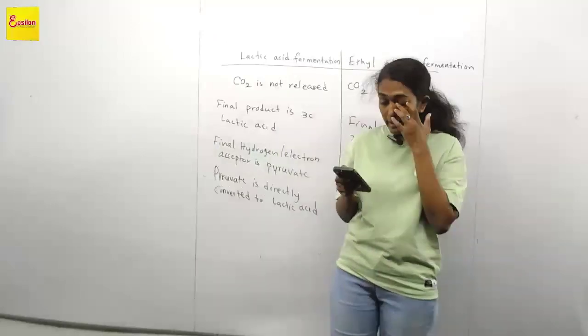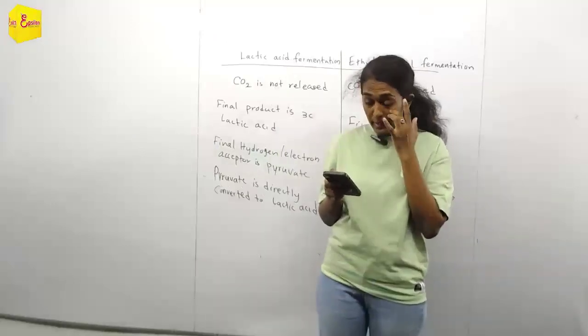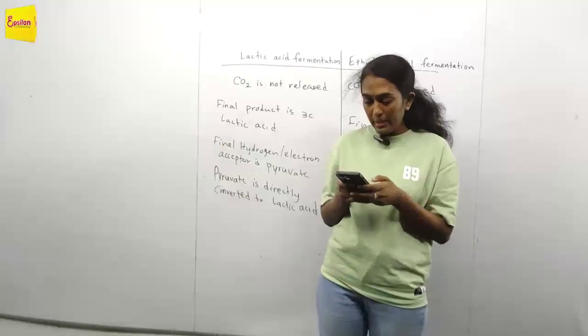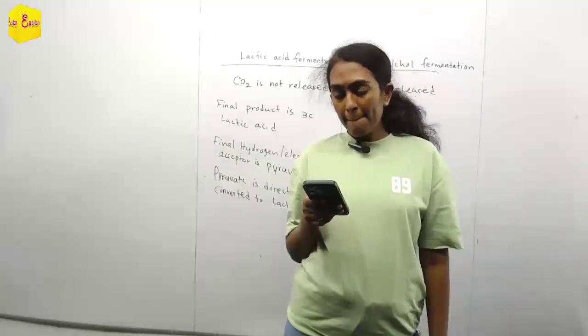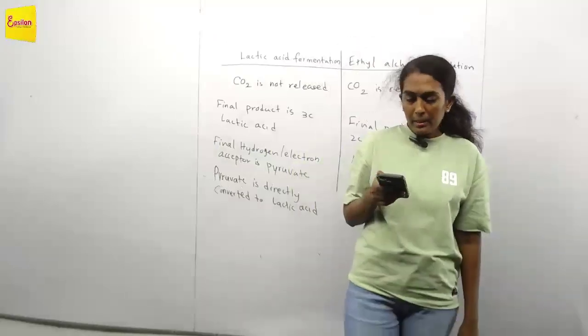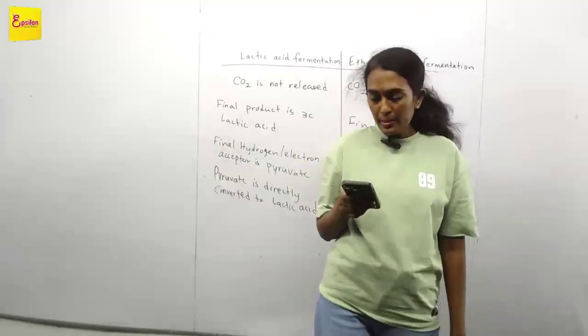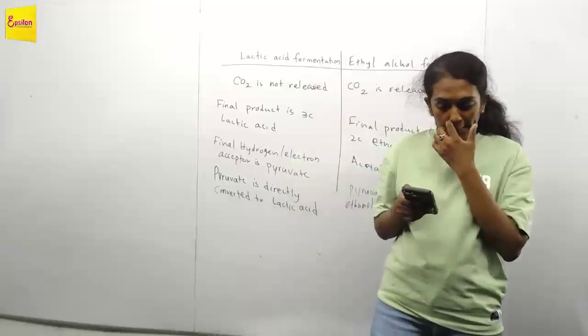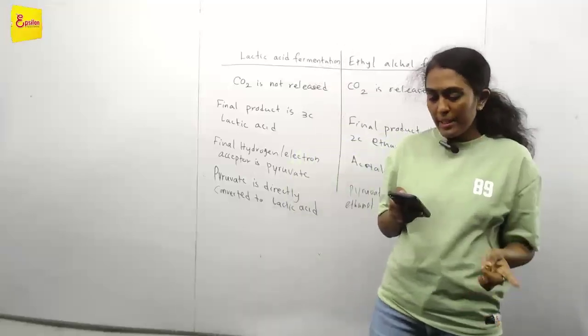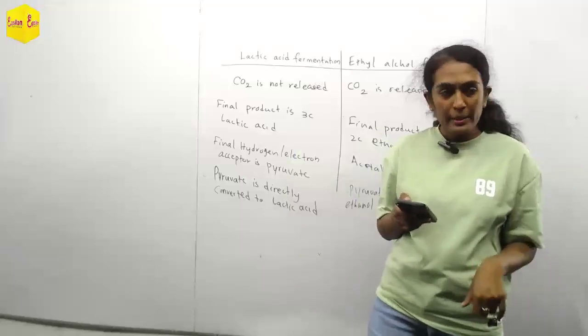Next one, name the compounds indicated in 4 carbon in process 1 and 3 carbon in process 2. Process 1, 4 carbon: oxaloacetate. 3 carbon in process 2: there are two 3 carbon compounds given there, 3PGA as well as G3P.